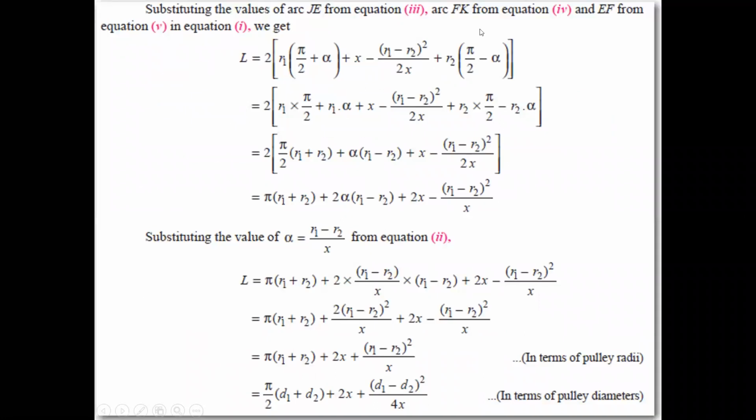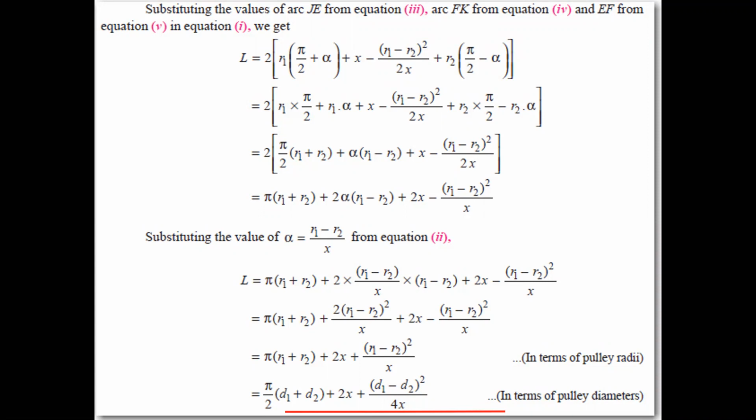Just observe that. So that is the total length of the open belt drive. That is the equation to find the total length of the belt drive.